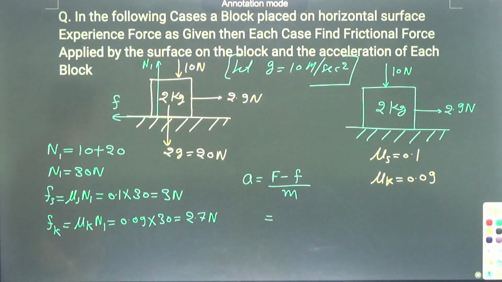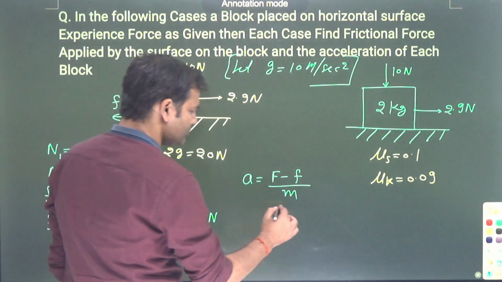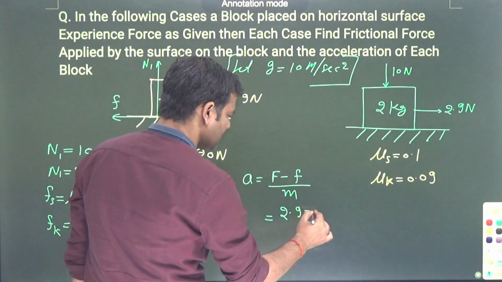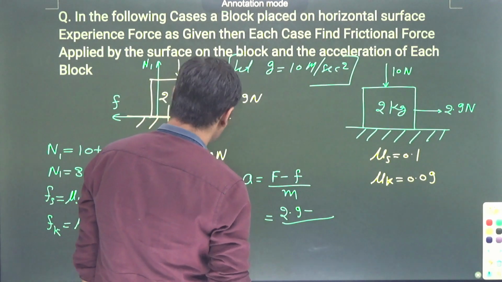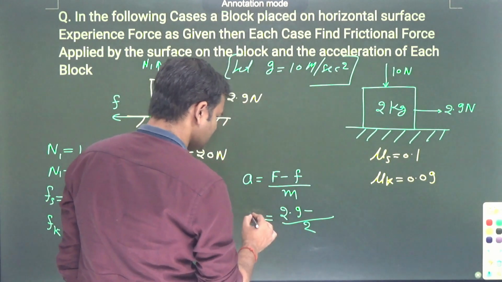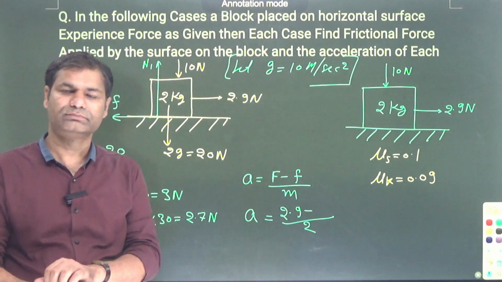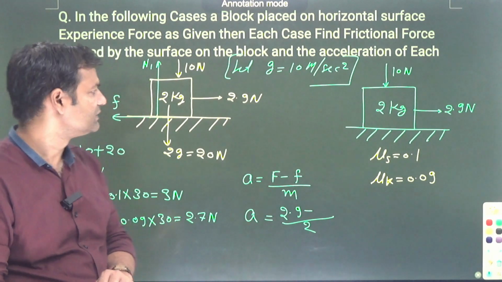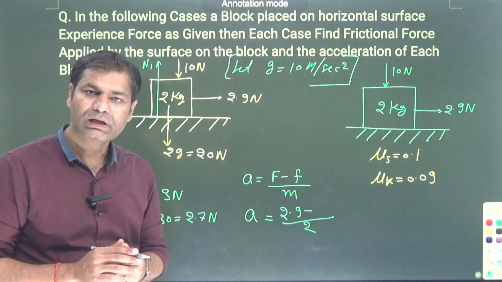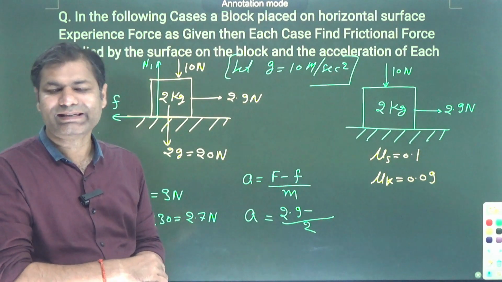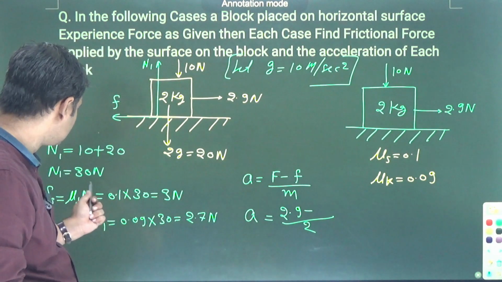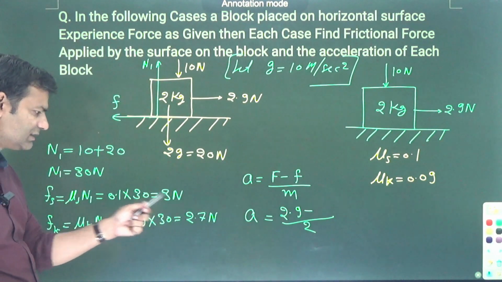Clear or not? What about F? That is 2.9 Newton. What about m? That is 2. Applied force is how much? 2.9 Newton. Is 2.9 Newton greater than static friction?